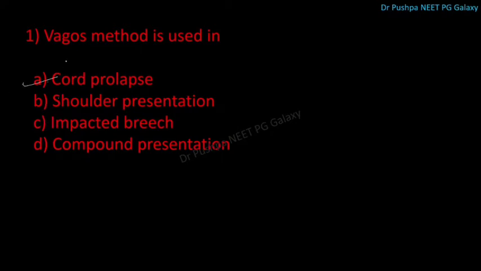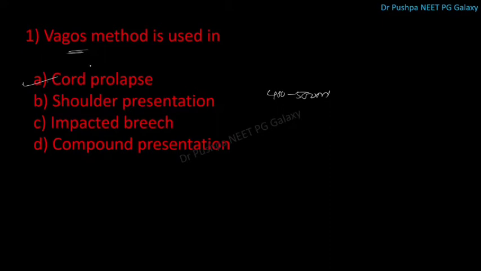So what is this Vago's method? It is nothing but bladder filling. The bladder is distended with saline to push the presenting part higher up, thereby preventing the compression in case of cord prolapse. The bladder is filled with 400 to 500 ml of NS with Foley's catheter. The balloon is inflated.